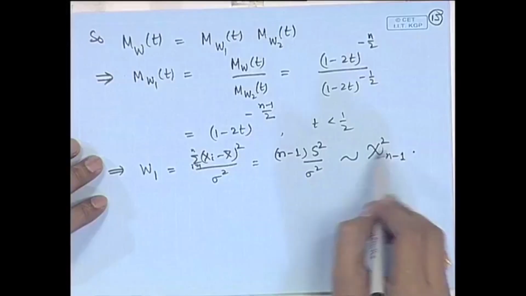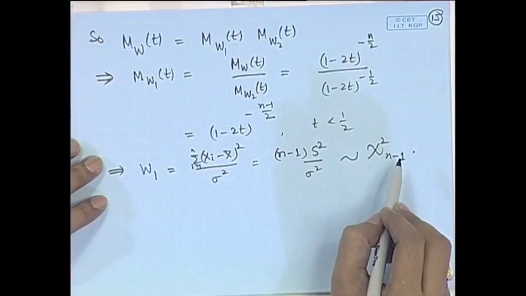So, only n minus 1 of these are independent, that is why the degrees of freedom here are n minus 1. In some sense this can be related to the fact that a general chi-square random variable is a sum of squares of n independent standard normal variables. When we consider any other, then it need not be.